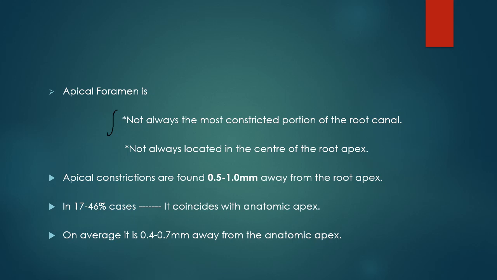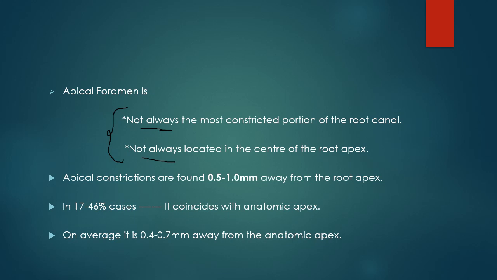These two points about the apical foramen have to be remembered. It is not always the most constricted portion of the root canal. We think that the apical foramina is a constricted portion, but it is not always. It is also not always located in the center of the root apex. We usually think the apical foramina is at the center of the root apex, but it is not always. These two points have to be remembered while we perform the access cavity preparation.